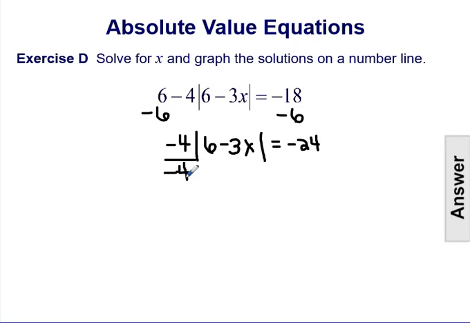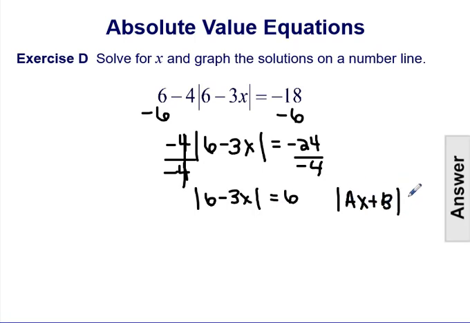Then we'll divide both sides by negative 4 so that we have the absolute value of 6 minus 3x is equal to 6.